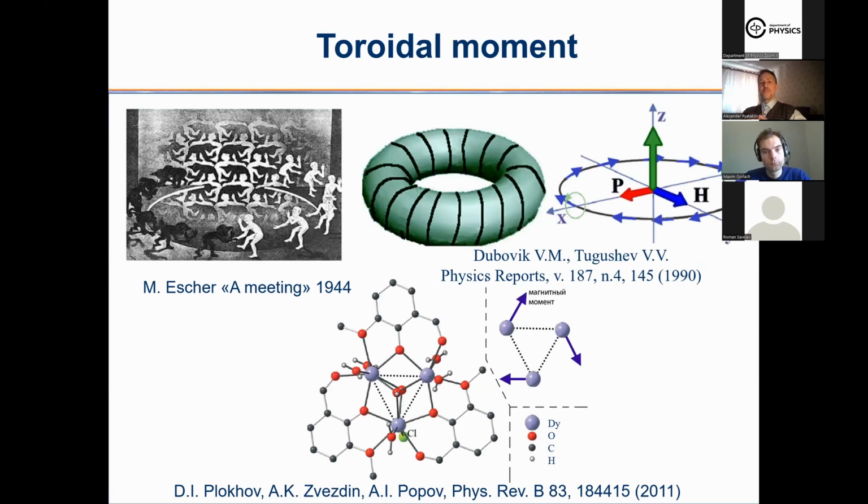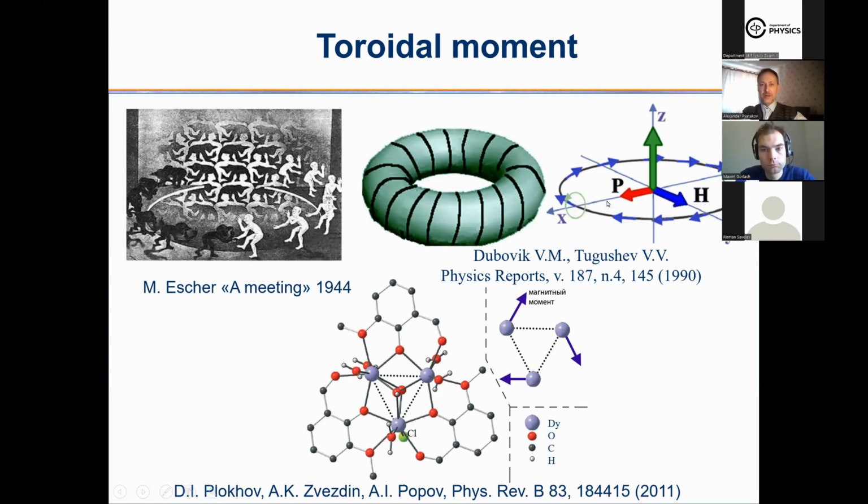A special case of antiferromagnetic ordering is called toroidal ordering. It has at least three sublattices, or maybe an even larger number of sublattices. We can see here they form some kind of circle, a moment of higher order, a higher order magnetic moment. When we observe the curl of magnetization, it's a special moment that is called the toroidal one.